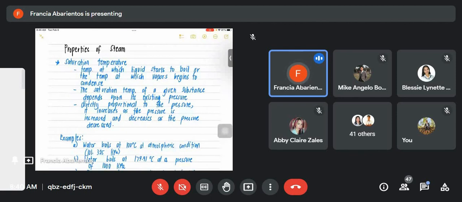So, the properties of steam, class. Sabi ko nga kanina, ano nga ba yung saturation temperature? So, yung saturation temperature in class is the temperature at which liquid starts to boil or the temperature at which vapors begin to condense. So, take note, yung saturation temperature ng given substance depend upon its existing pressure.